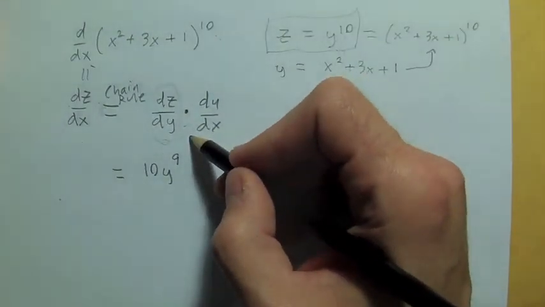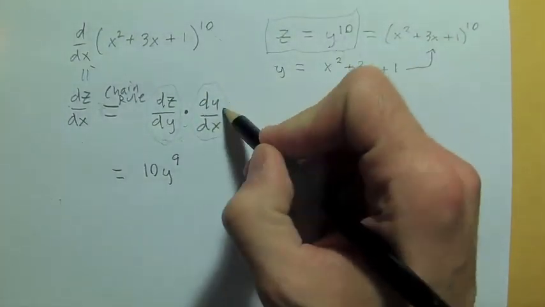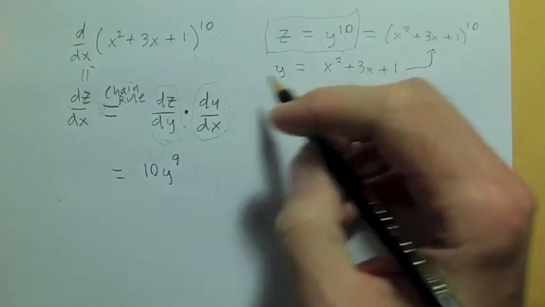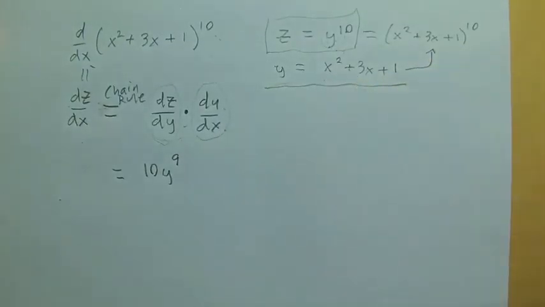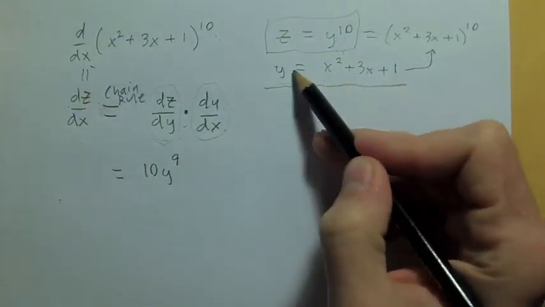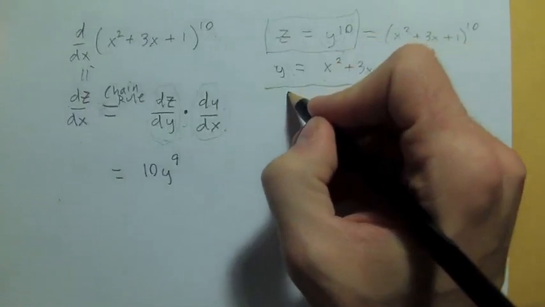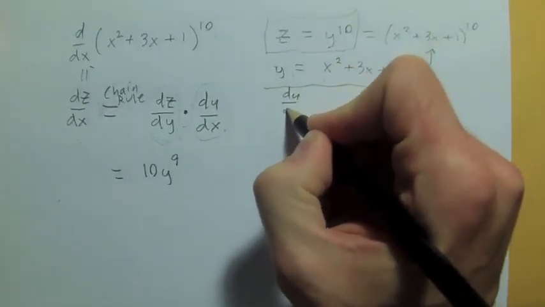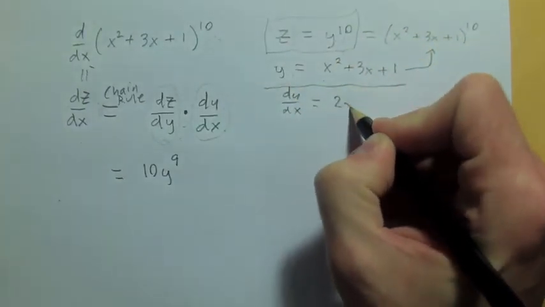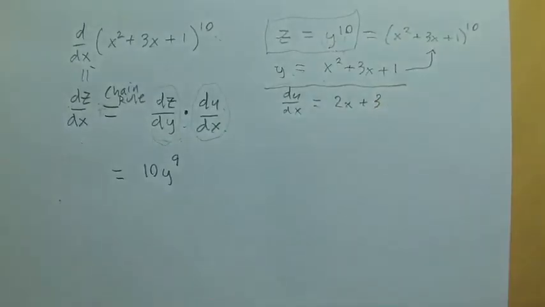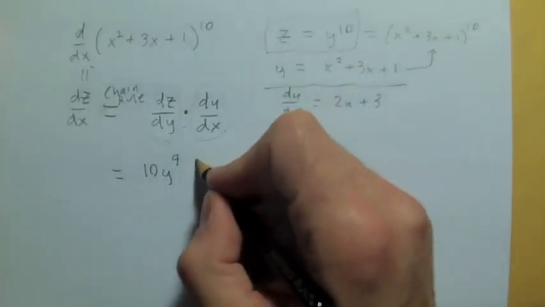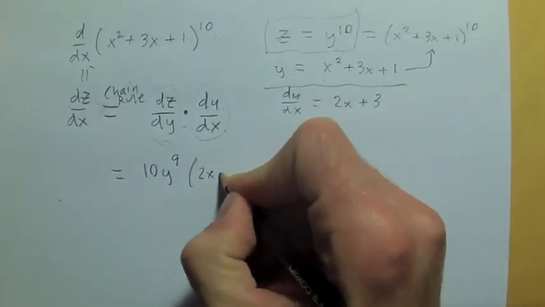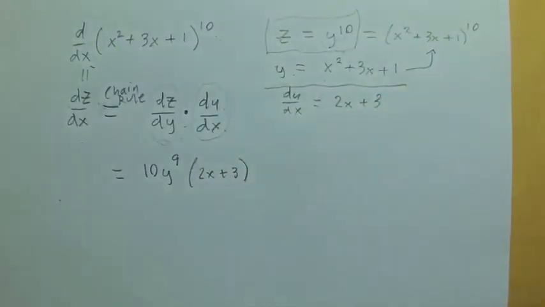All right, then I'm going to multiply by dy over dx. So y, in terms of x, is x squared plus 3x plus 1. And so the derivative of this thing, dy over dx, I can actually do it up here. Let's say dy over dx is 2x plus 3. Okay, so I'm going to move that down here. So this whole thing is times 2x plus 3.